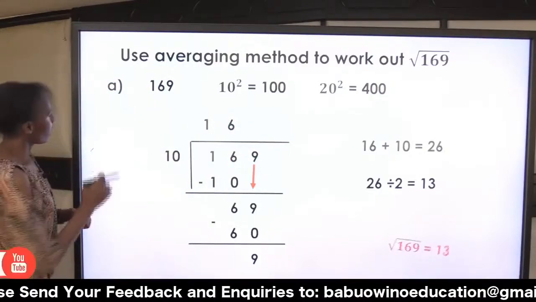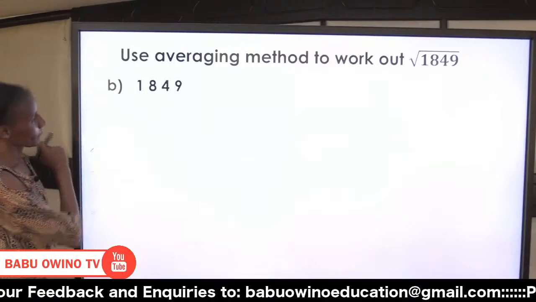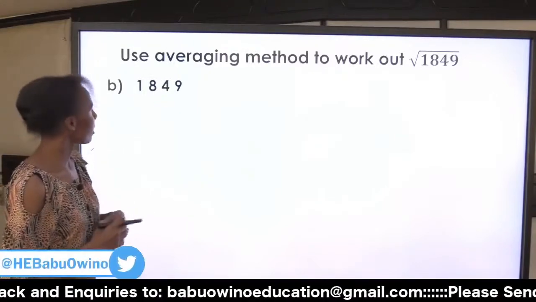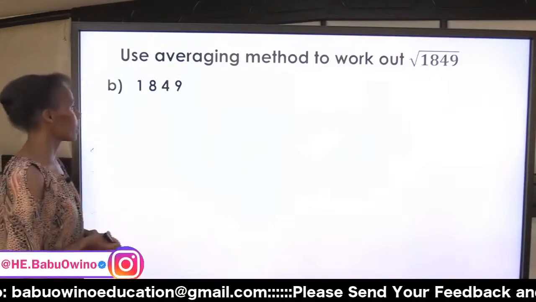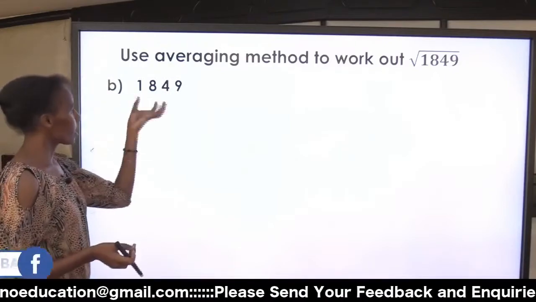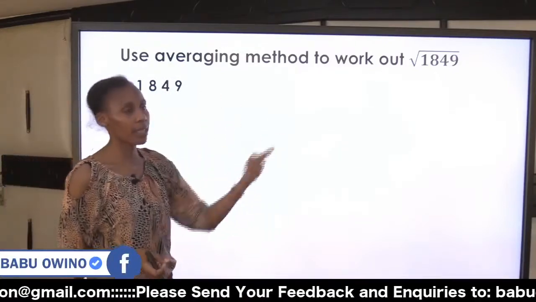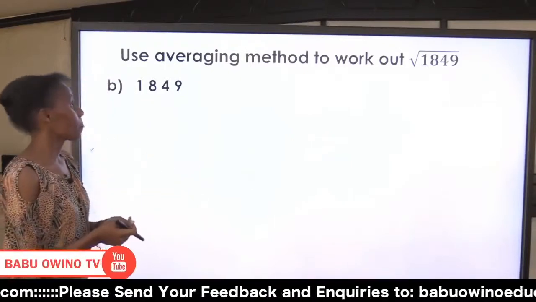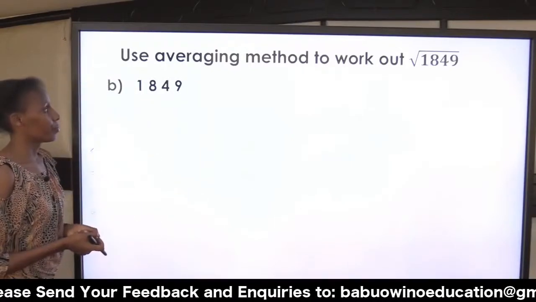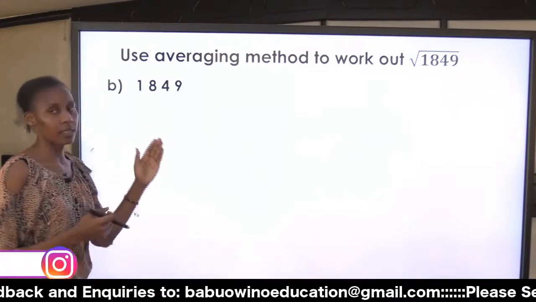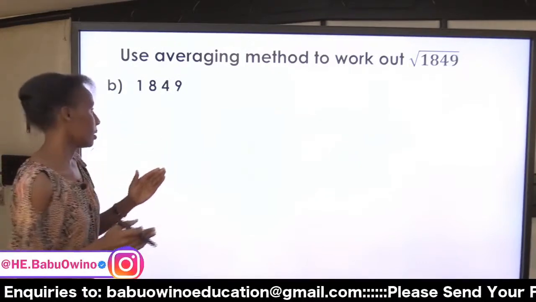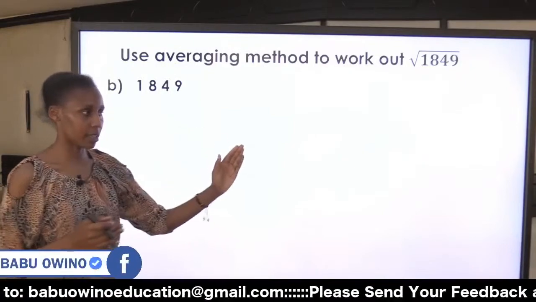Our second example, now we have a bigger number, 1,849, and we want to get the square root of this number using the averaging method. I ask myself, if I multiply 30 and 30, I will get 900.